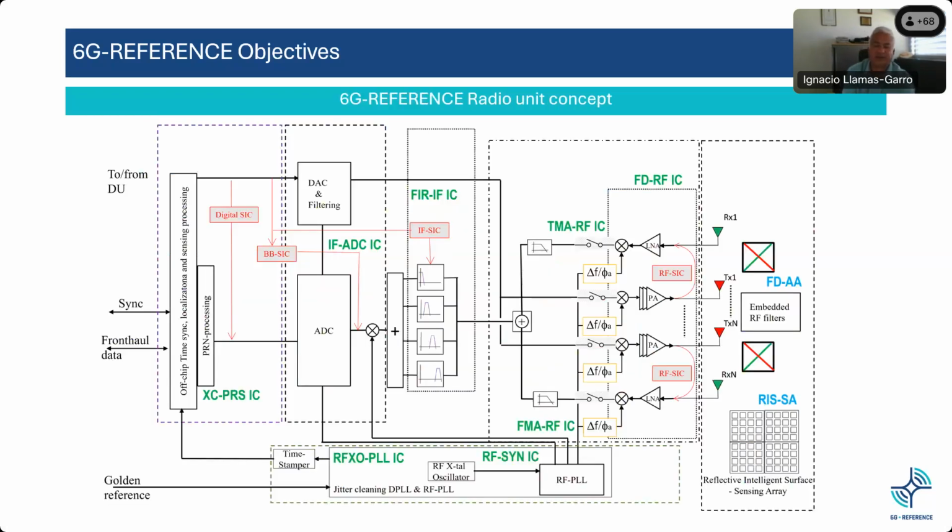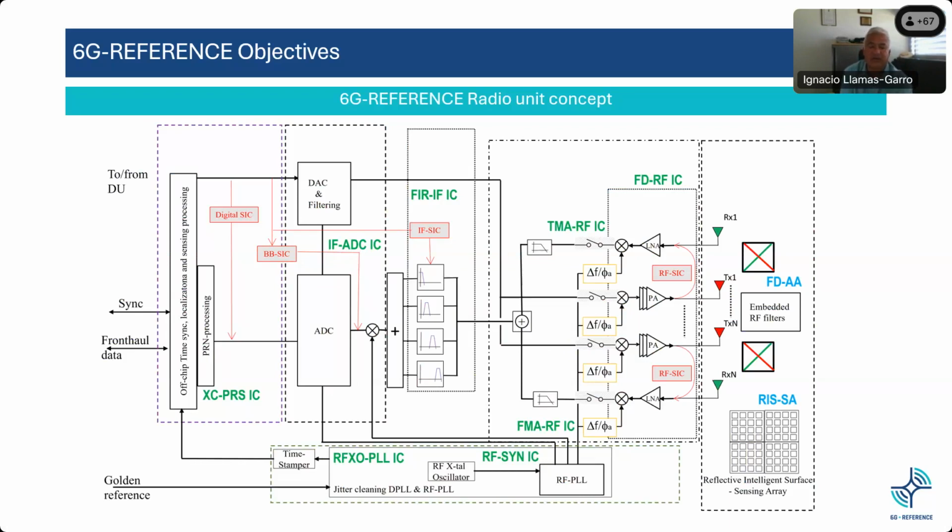Now, this figure presents a simplified conceptual block diagram of the targeted radio unit design. The final architecture may deviate from this initial proposition, but it serves as a good starting point for radio unit design. The 8 integrated circuits are shown in green. In blue, filtering antenna and RIS.